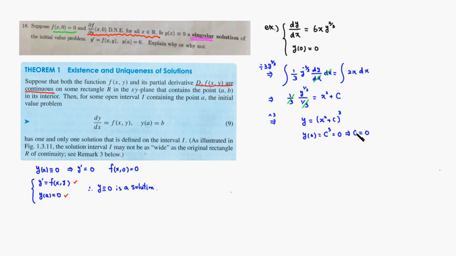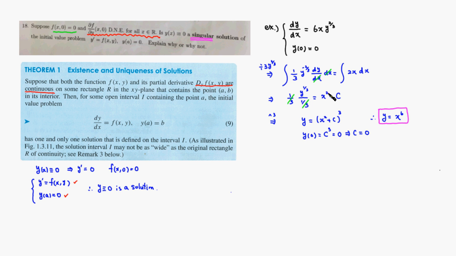So therefore the particular solution is y equals x squared cubed, which would be x to the 6th power. So that's the solution. But as it turns out, this is not a unique solution. There's going to be a singular solution which is not part of the general solution.